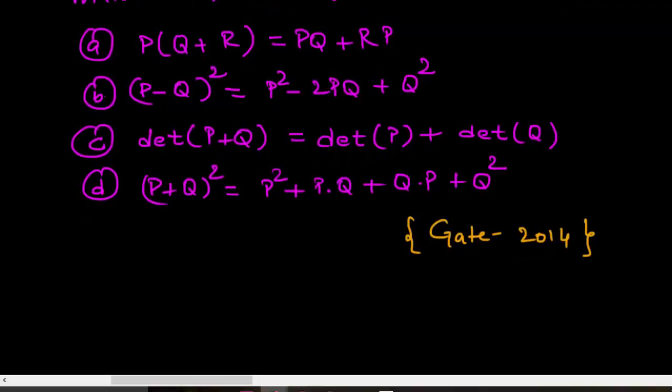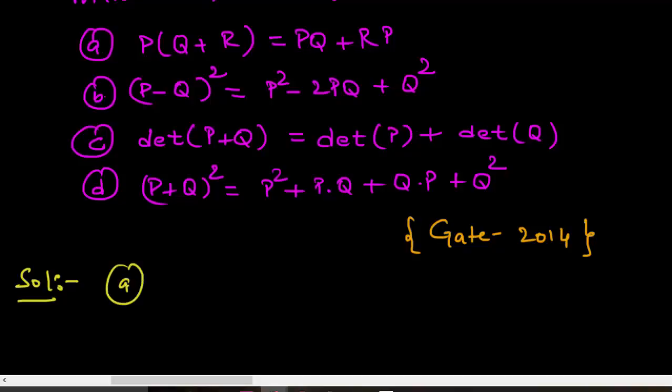There is a step-by-step way to solve this problem, and I would recommend you to follow these steps so that you don't make any mistakes. However, if you just look by the definition, then p minus q whole square equals p square minus 2pq plus q square. At one instant this option looks correct, but this is wrong. I'll tell you why. So let's take each option one by one.